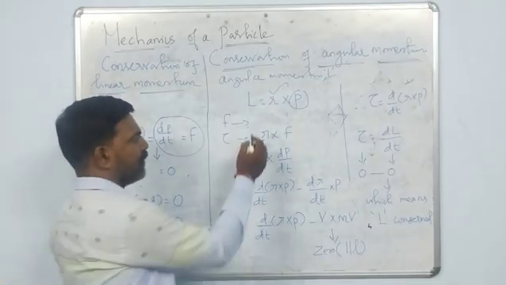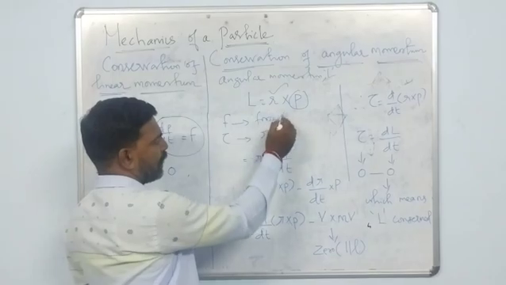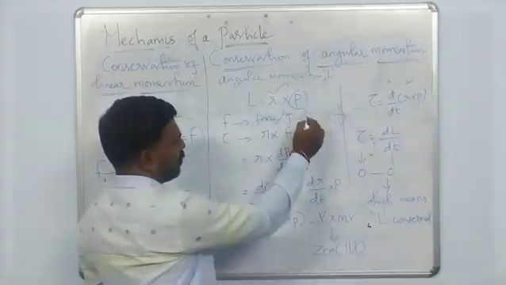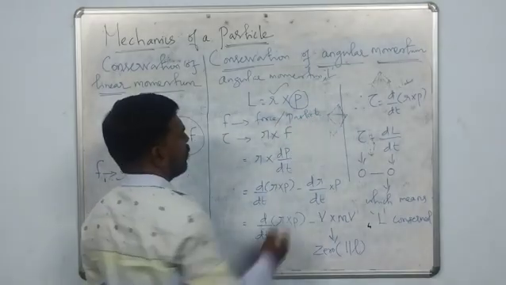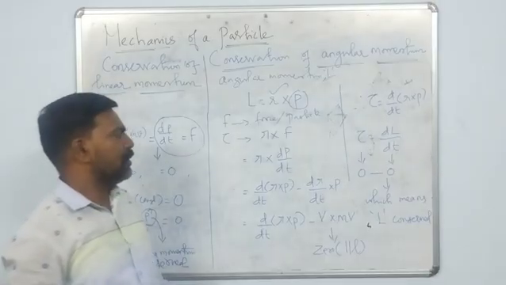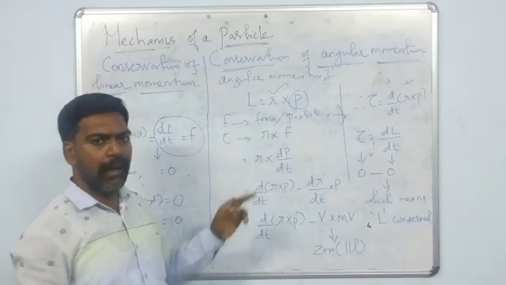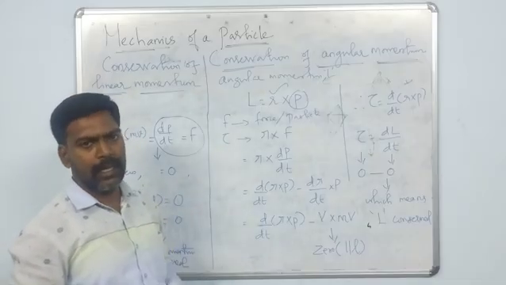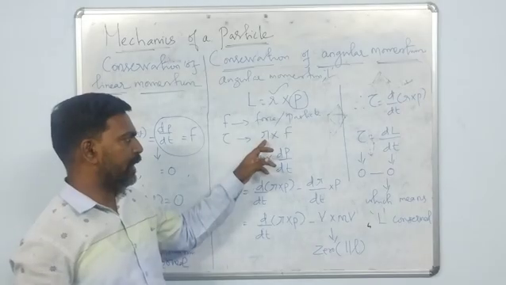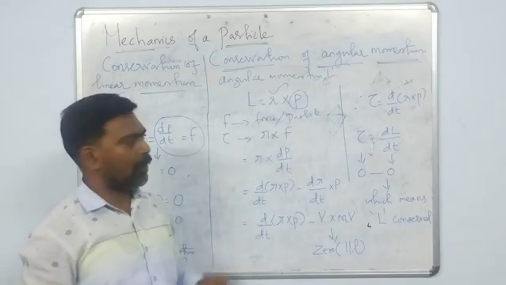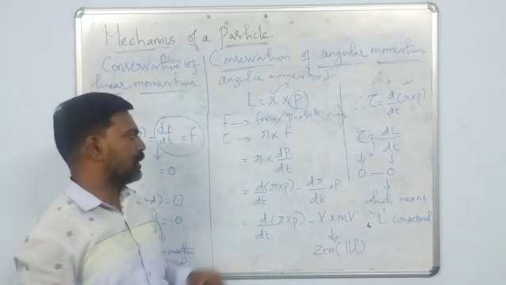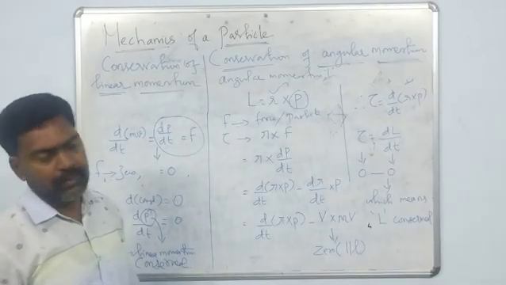We know F is the force acting on the particle. Then we can write tau, the torque acting on the particle. We know the torque: radius into force, R into F, which gives the tau value.